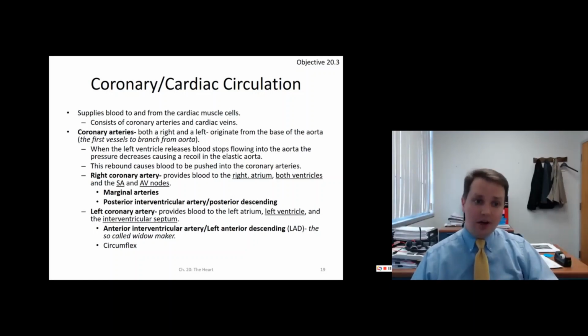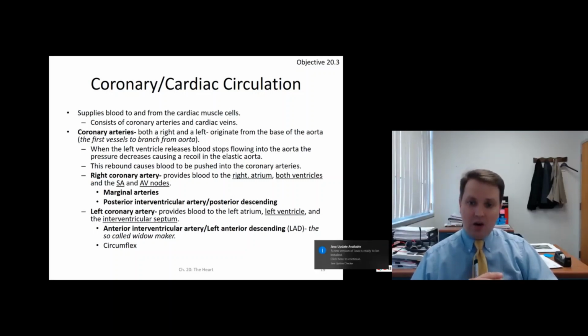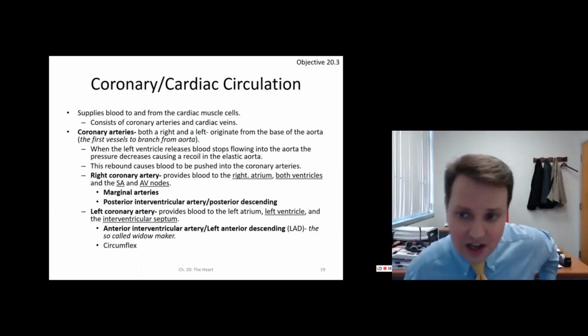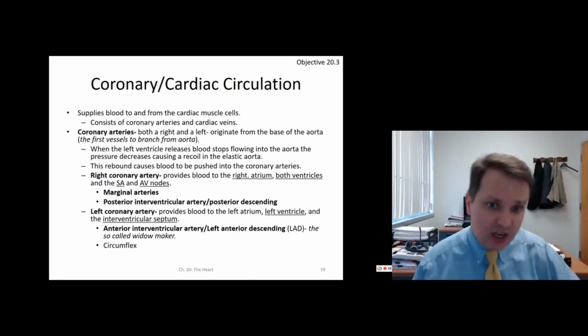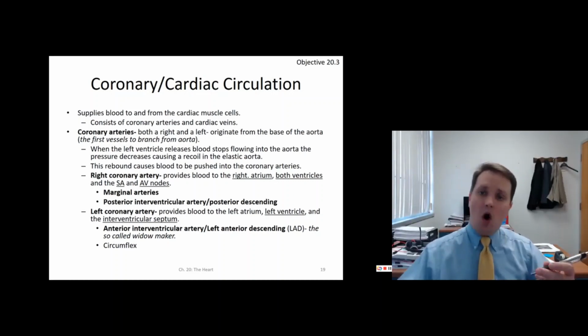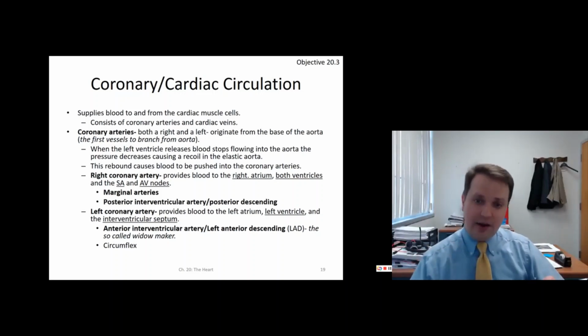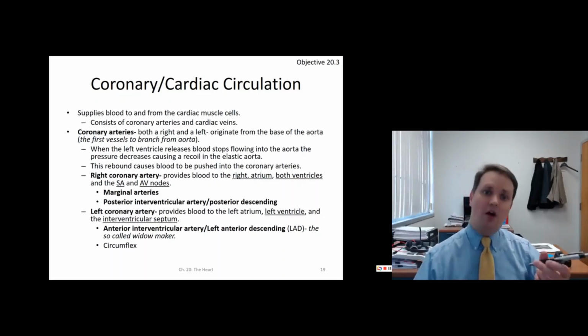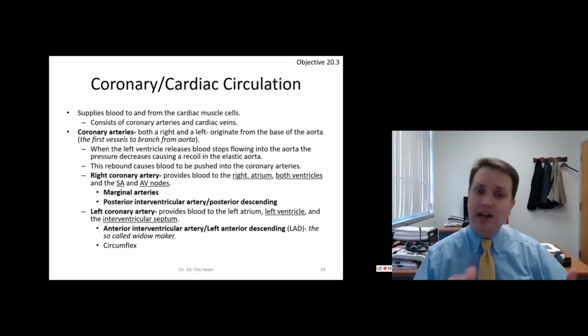Remember, the coronary arteries are what bring blood to the heart, and the cardiac veins drain blood away from the heart's tissues, just like any other tissue in the body. So that can be a little confusing. We have to think about this as a subsection: the heart is part of the body's systems, with veins carrying blood away from it and arteries carrying blood to it like any other organ.